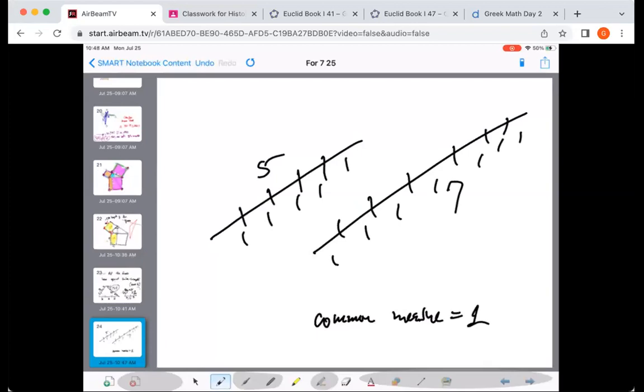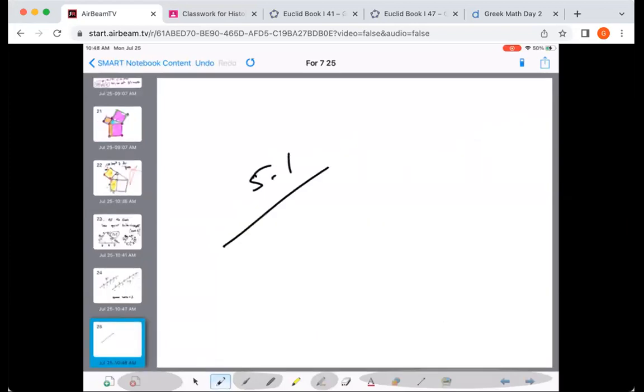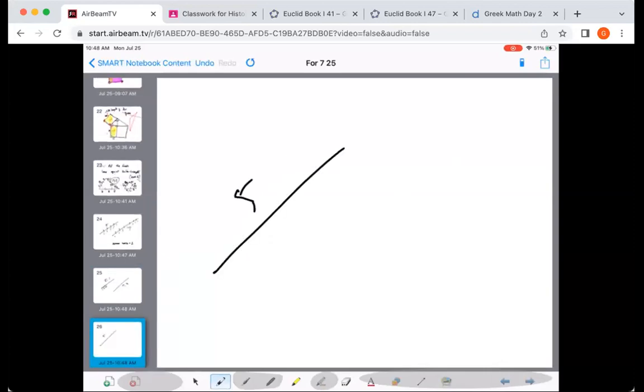And even if the things are not integers, like 5.1 and 7.3, we could make really small things. I could use 0.1 as my common measure, and the 5.1 is made up of 51 of them, and the 7.3 is made up of 73 of them. Now, sometimes you have something with fractions, like 5 1/3 and 7 1/6.